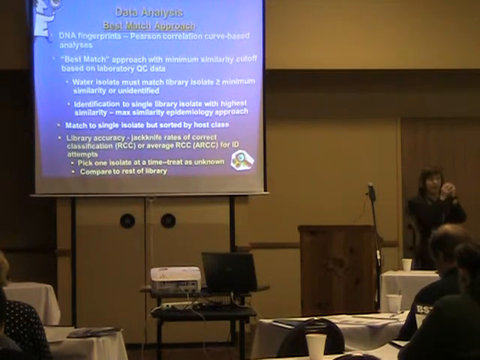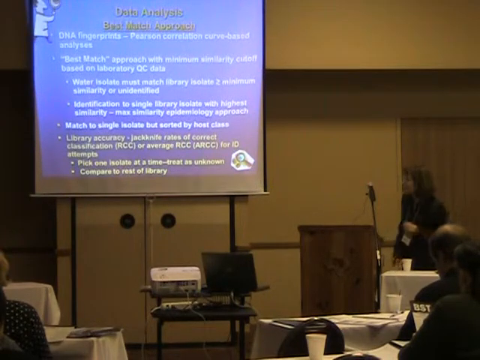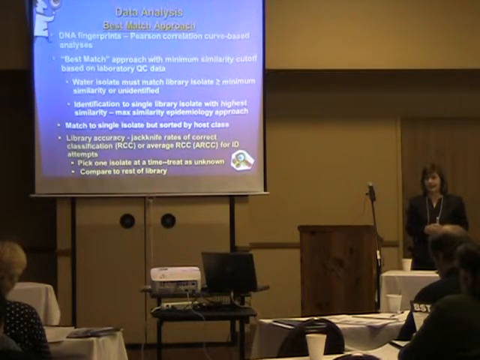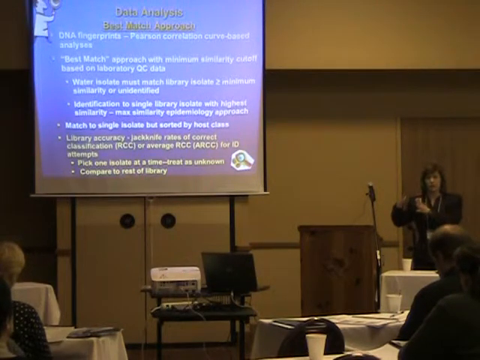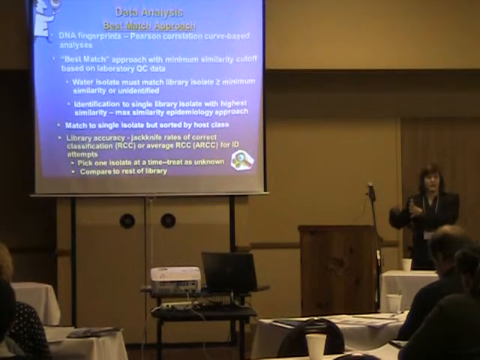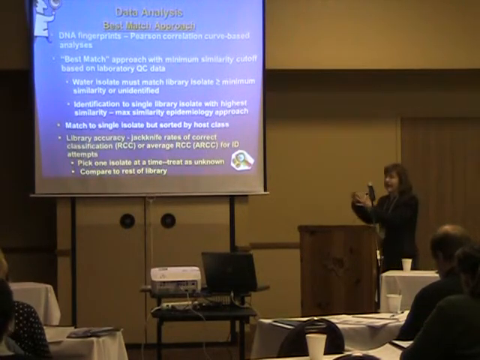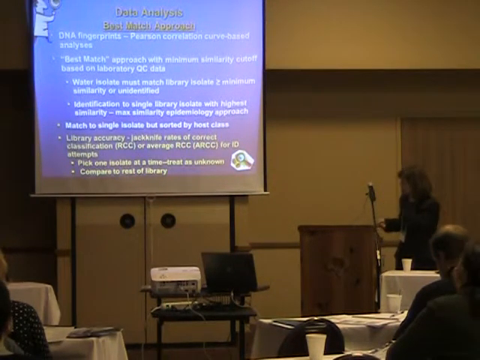We don't talk about how they're grouping at that point. Now, although it's a match to a single isolate, we sort by host class. So we know that that isolate came from a cow, but perhaps we just look at it as livestock. Perhaps we just look at it as non-avian livestock. Perhaps we just look at it as non-human. So that's where some of these source classes come in.